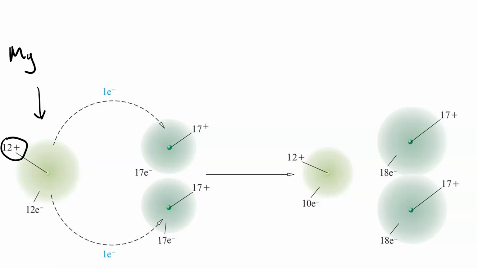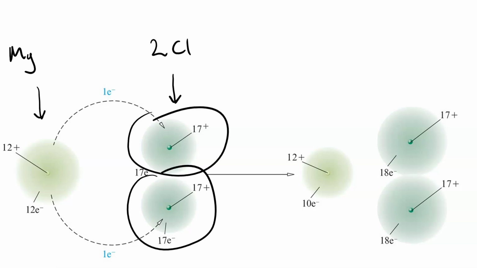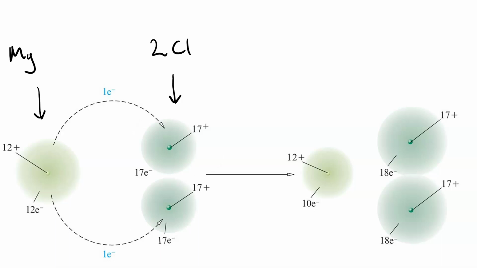It's got 12 protons in its nucleus at the center and 12 electrons in its electron cloud. Over here we have 2 chlorine atoms, each with 17 protons at the nucleus and 17 electrons in the cloud. Now a chlorine atom is smaller than a magnesium atom because of having more protons in the nucleus.